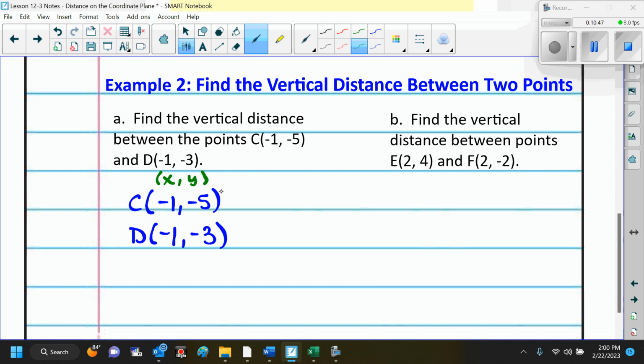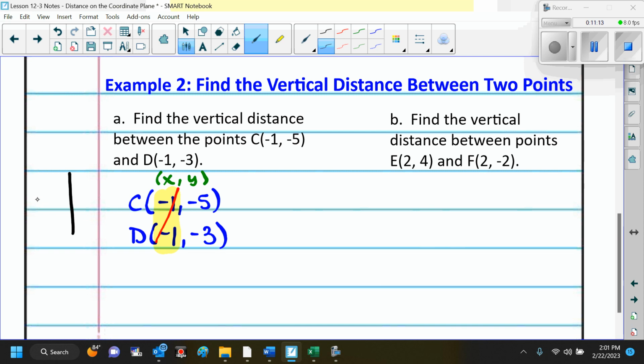Okay. So, which ones are the same? The x values are the same. So that means we are not using those for calculations. We are using the ones that are different. Now, do we add or subtract? We have to figure out, are we in the same quadrant or in different quadrants? Well, this is how you do it.